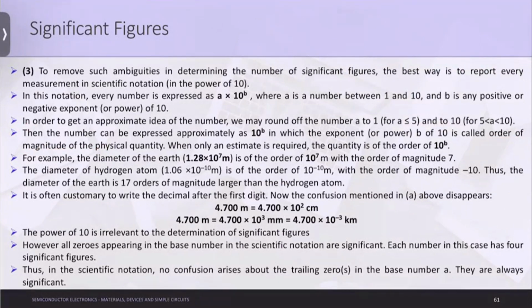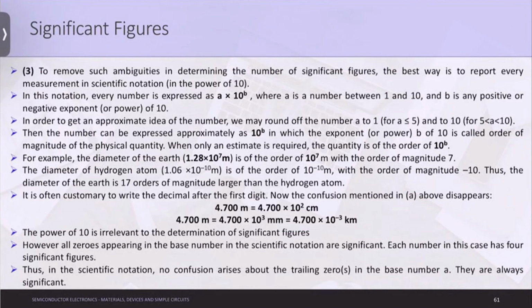So what is order of magnitude? The power b is called the order of magnitude of the physical quantity. When only an estimate is required, the quantity is of the order of 10 to the power b. So we don't look at the number on the left hand side, the multiplication.